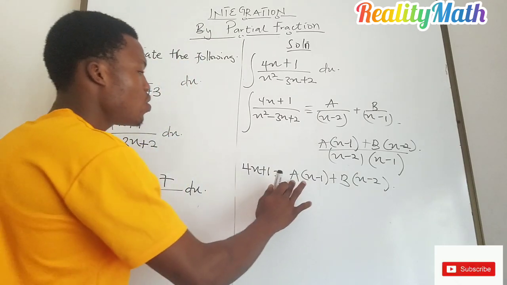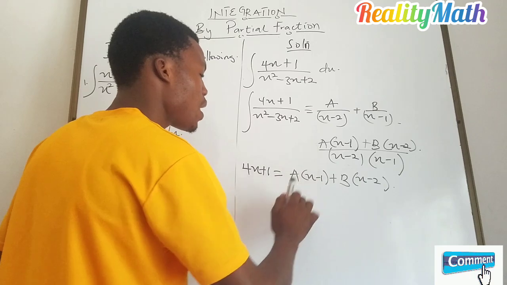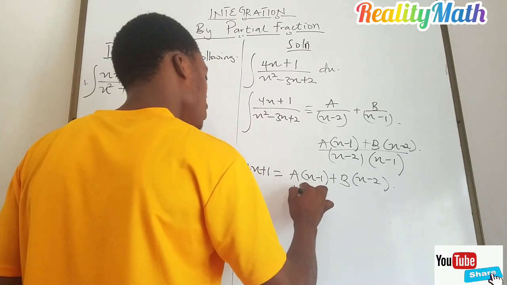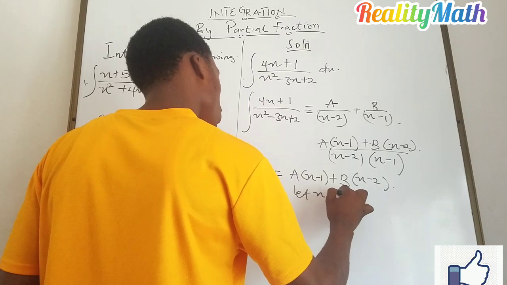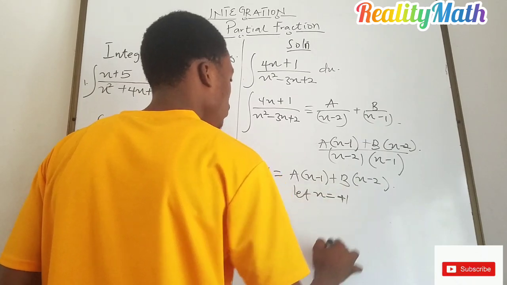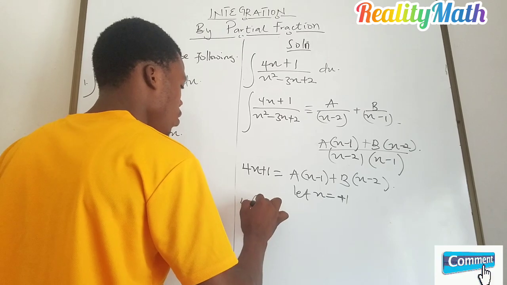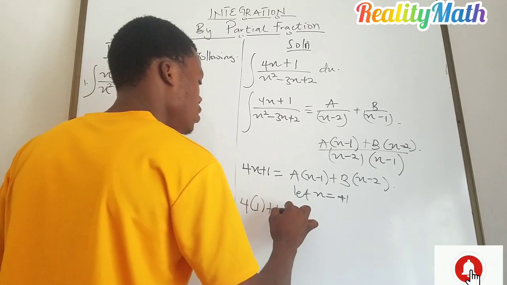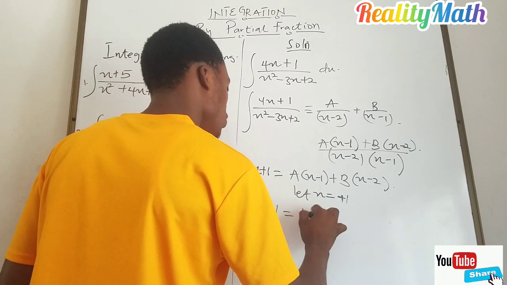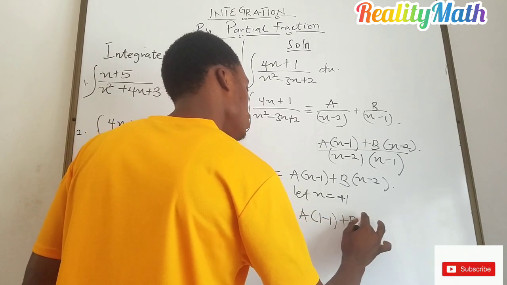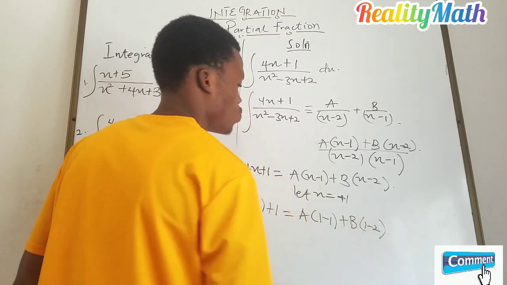Now, what is the idea? How can we zero any of this? Let's make x positive 1. If x is 1, we have 4 into bracket 1 plus 1, equal to a into bracket 1 minus 1 plus b into bracket 1 minus 2.